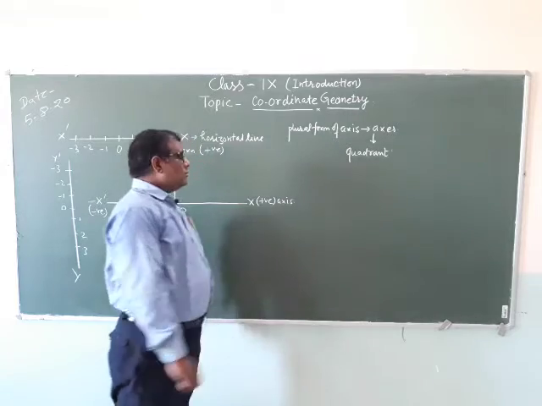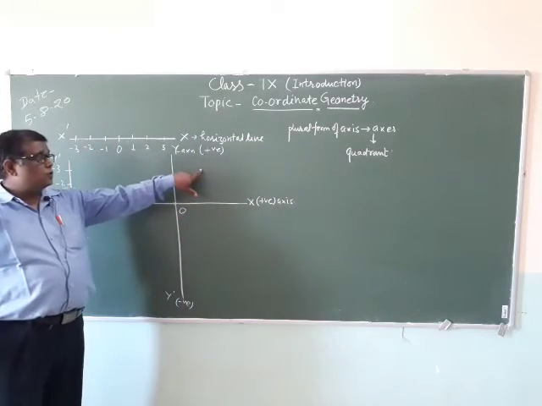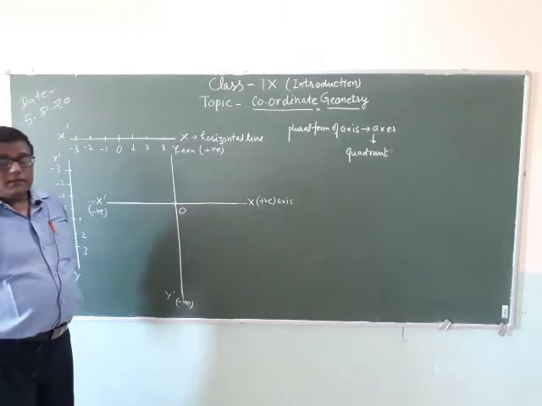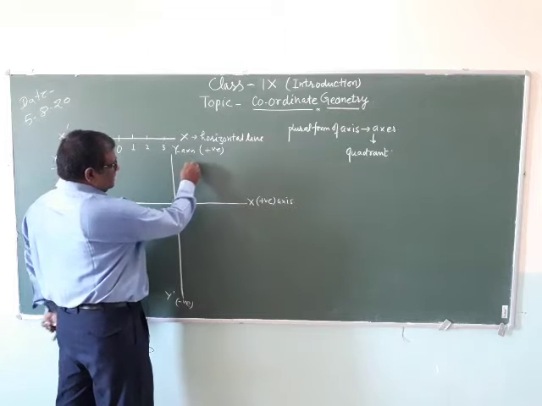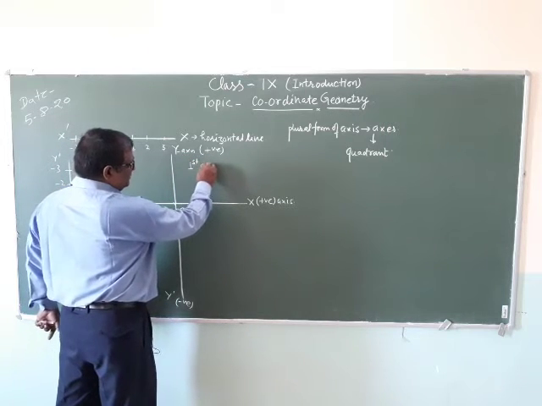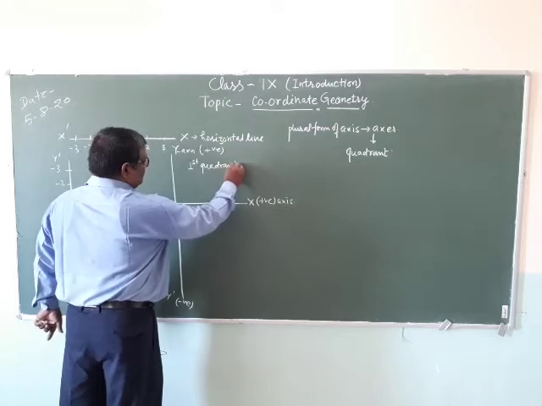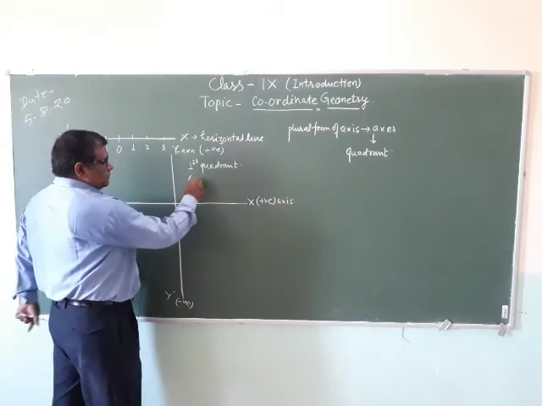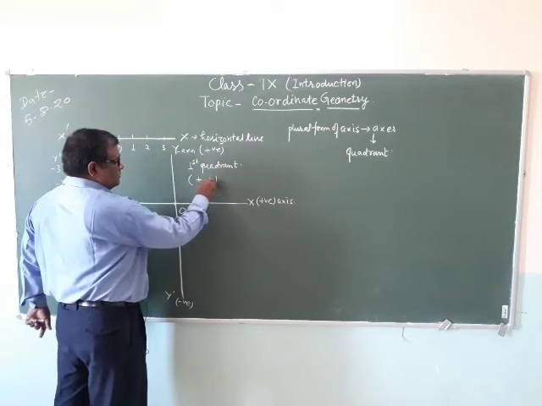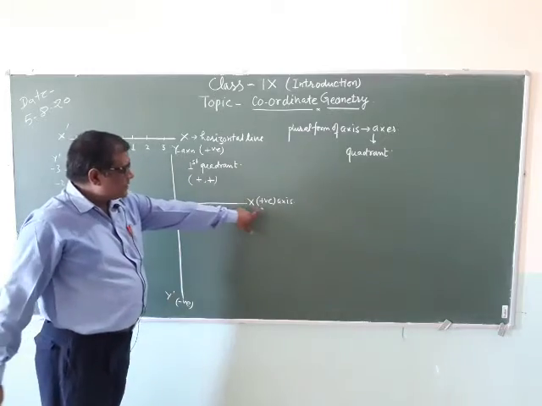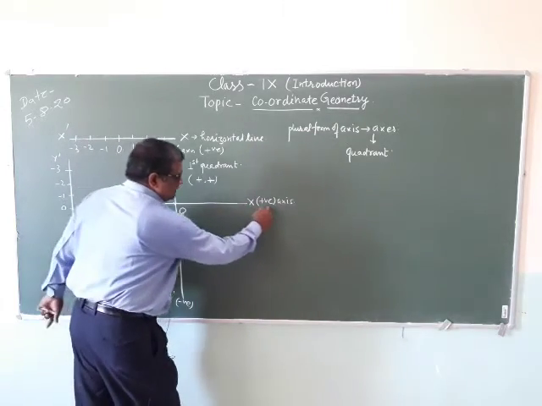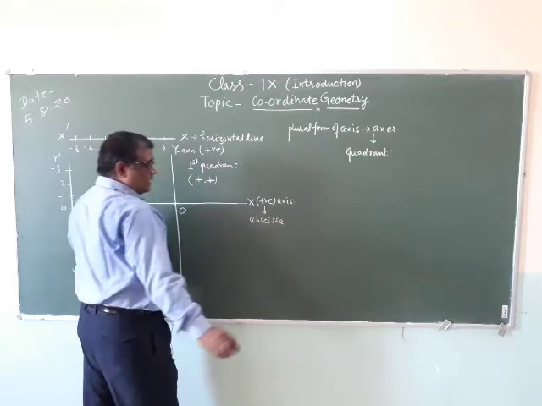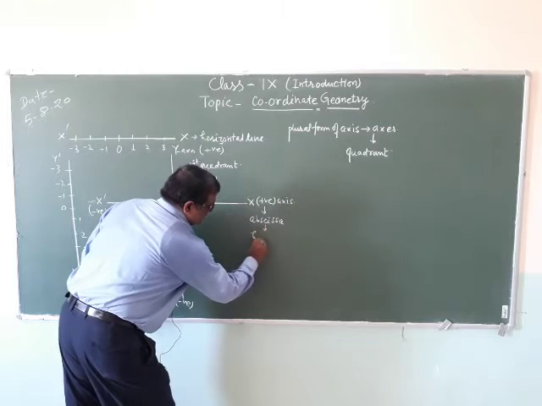Now look here, there are 4 quadrants: first, second, third and fourth. In the first quadrant, here both of the ordered pair are positive. The x axis is also known as the abscissa, which is also known as the horizontal axis.